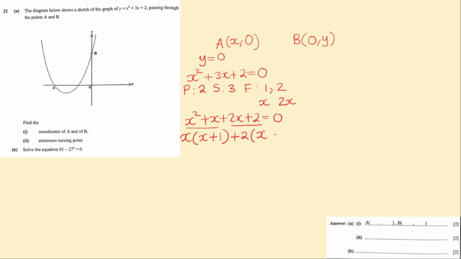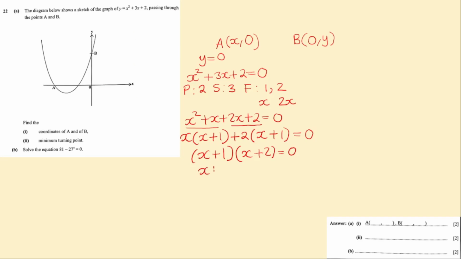Positive 2 divided by positive 2 is positive 1. The common factor is x plus 1. When we divide this by x plus 1, we have x. When we divide this by x plus 1, we're going to have positive 2.